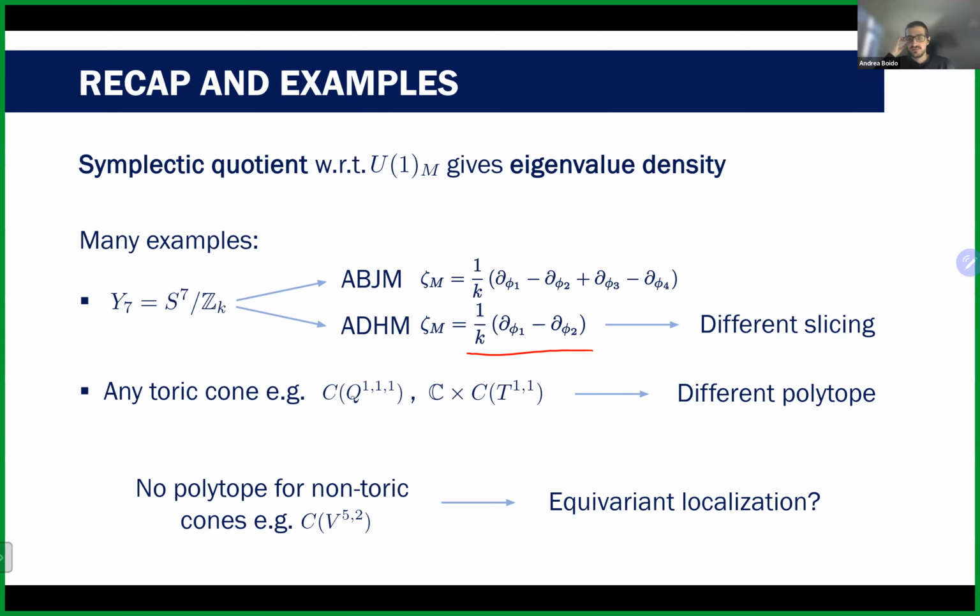Unfortunately, we didn't try any of these examples. For instance, you can think of trying the conifold or P52. I think it should be feasible using again the equivariant localization that I mentioned before, but we didn't try that so far.